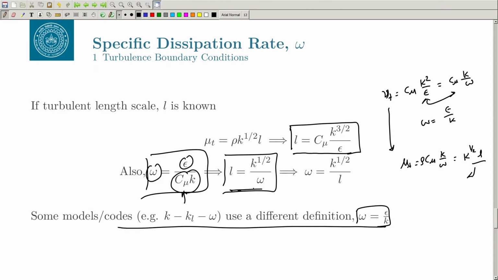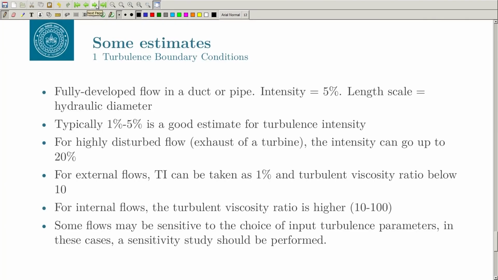Okay. Note that in some of the codes you will have c mu multiplied here or divided here. So, you have to be careful. That depends on the definition in that particular software. Okay. I am just giving you a concept that if you know the turbulence kinetic energy and the length scale, you can get the specific dissipation rate, and you get this value and assign it at the inlet as well as the initial condition. Okay. So, this is how you do things.